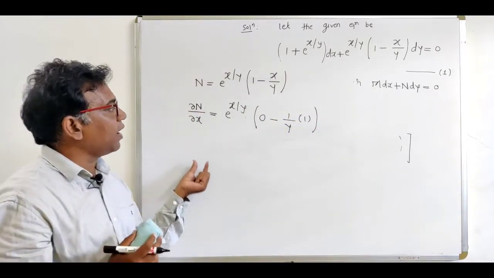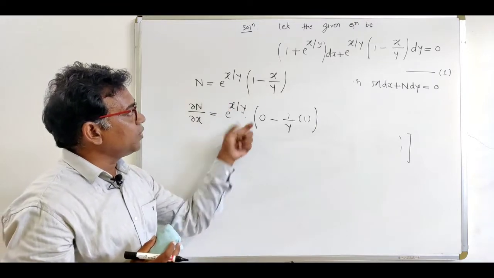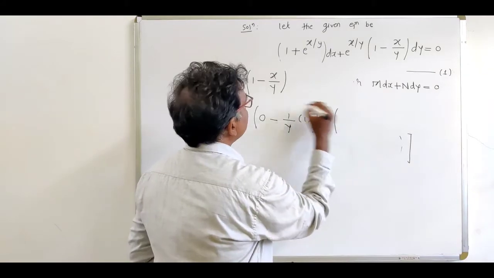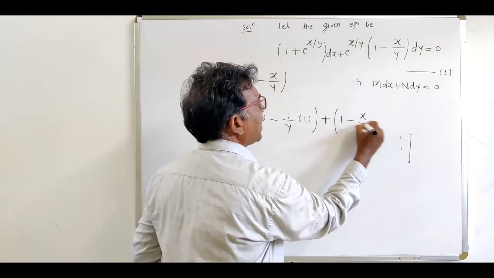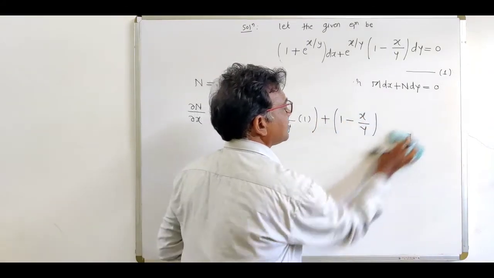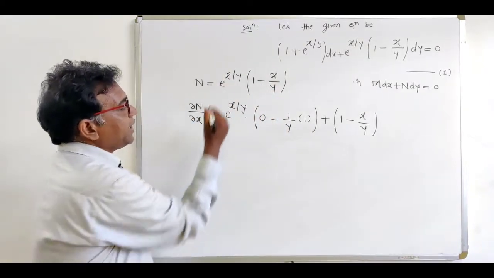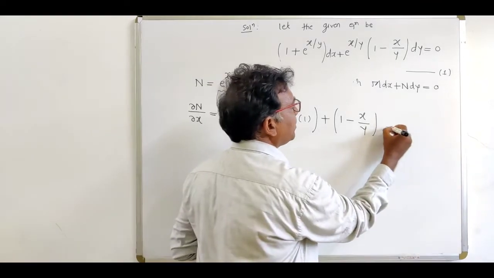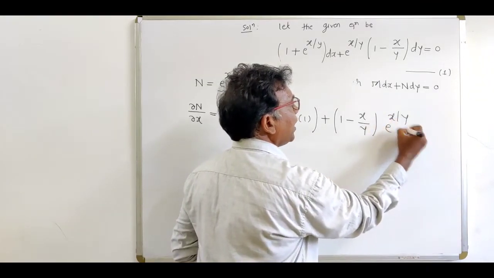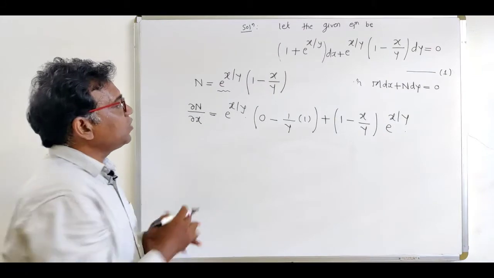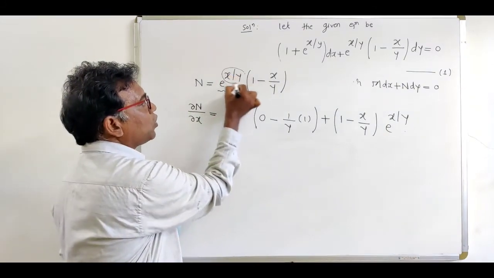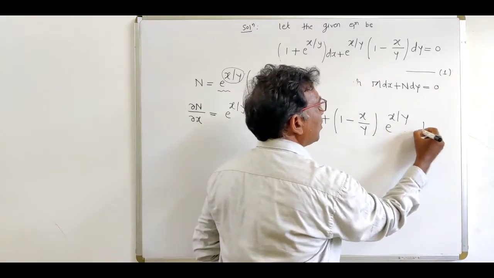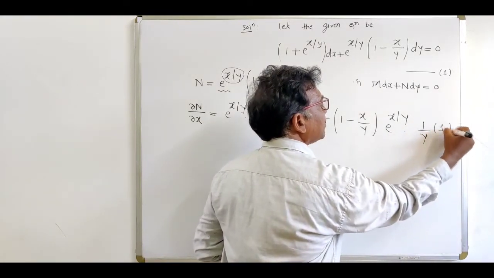Plus second term as it is, 1 minus x upon y, into derivative of this first term. Derivative of exponential term is the same, into, according to chain rule, multiply by derivative of x upon y by keeping y constant. So 1 upon y is a constant term, and derivative of x is 1.